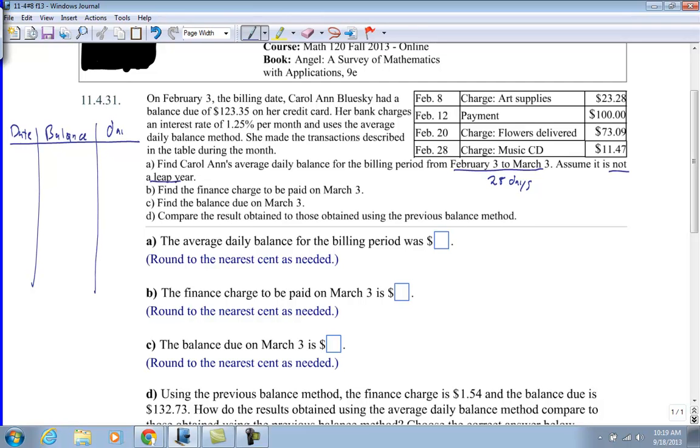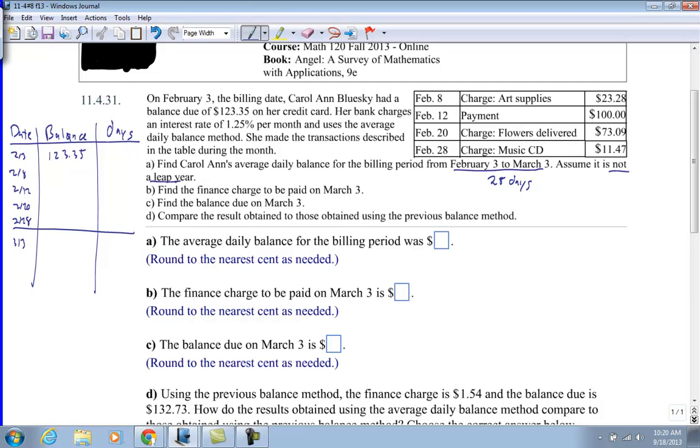Days. So we start off on February 3rd, so 2-3. A balance of 123.35. Then on 2-8, there's a charge. 2-12, there's a payment. 2-20, there's a charge. 2-28, there's a charge. And then this goes until 3-3.